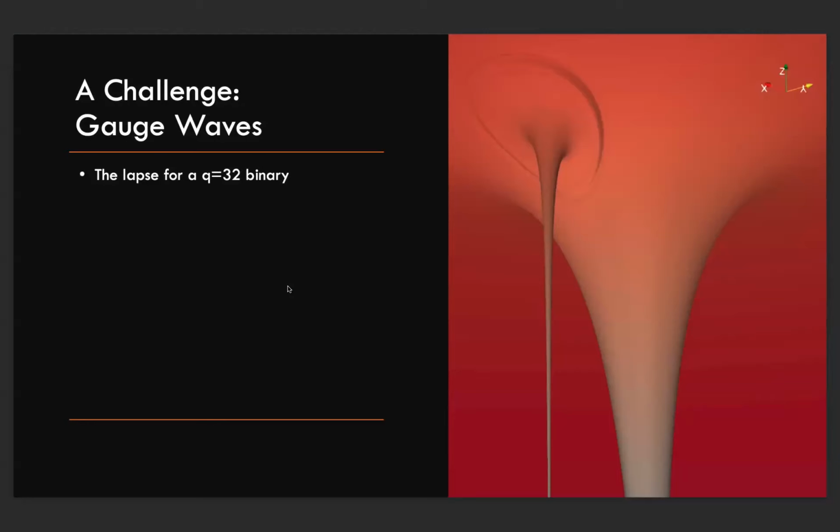This is something I think Zach mentioned in his talk earlier this morning. This shows a Q equals 32 binary. This is a plot of alpha, the lapse, near the very beginning of the run. You notice there's a little ring about the small black hole, and this ring is expanding.